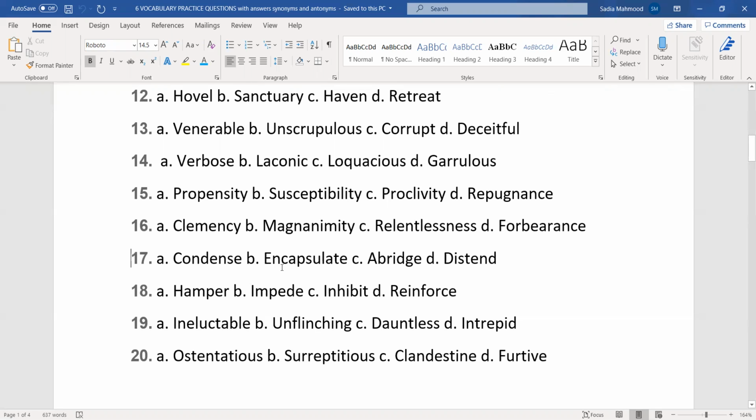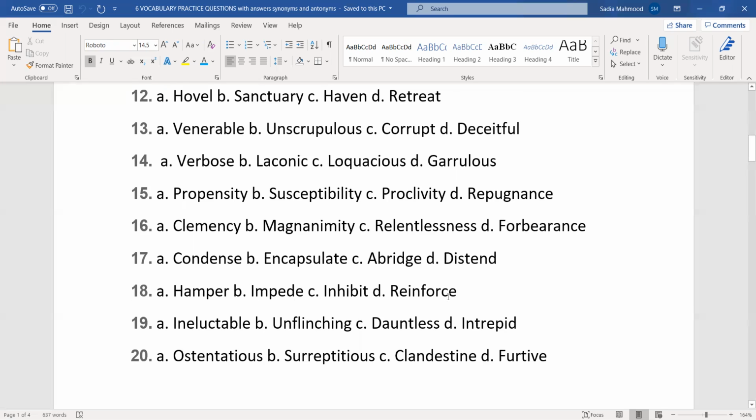Option B, encapsulate. Option C, abridge. Option D, distend. Question number 18: option A, hamper. Option B, impede. Option C, inhibit.